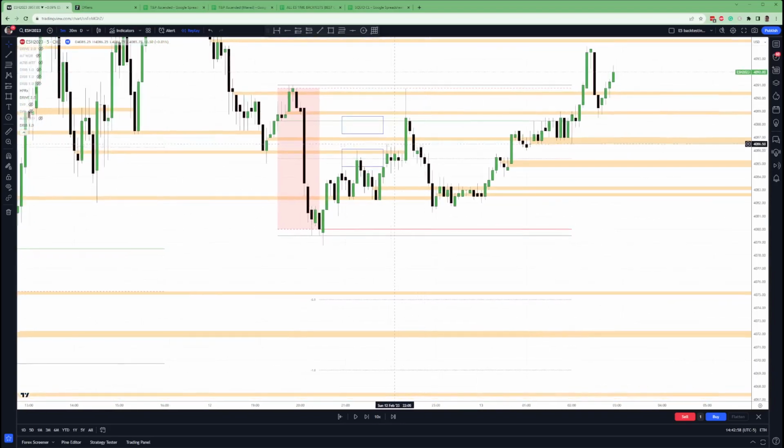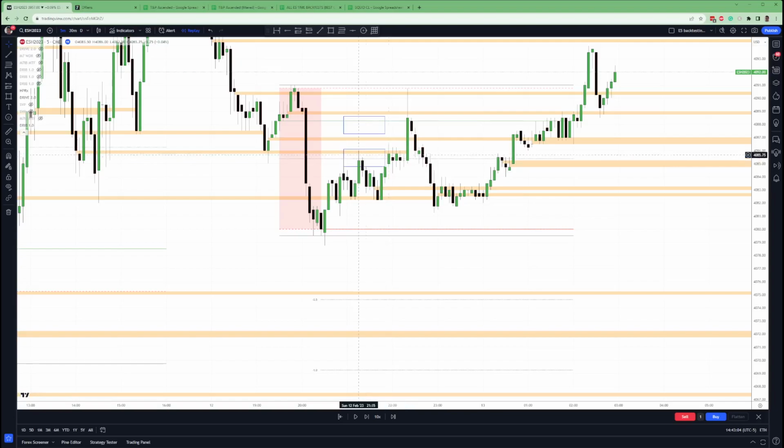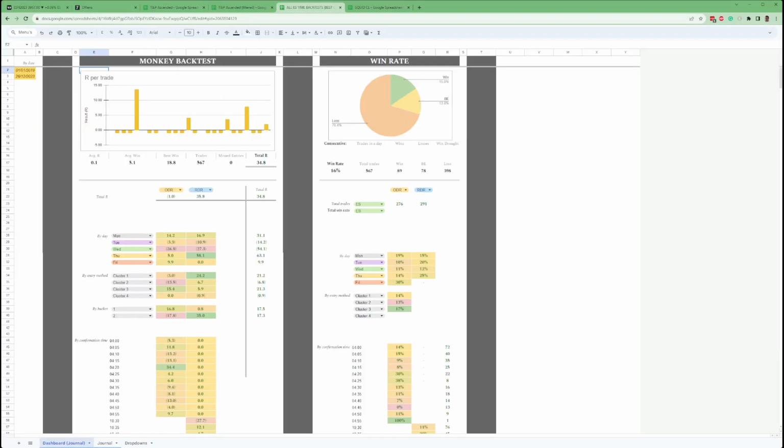A lot of people have been trying to use the monkey, and the monkey is also very simple. It can be very effective, but as you might have already realized, the monkey isn't that great. If you've done a lot of backtesting on it, you'll see that yes, it makes profit, but it's going to be a lot of hassle for you.